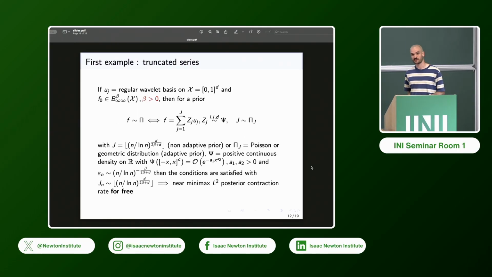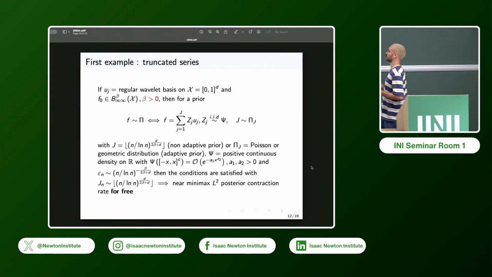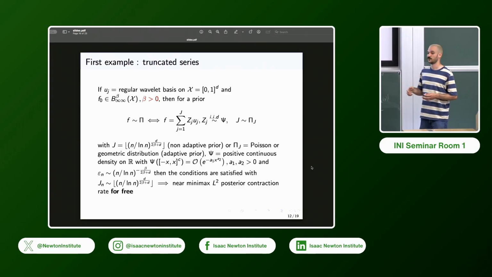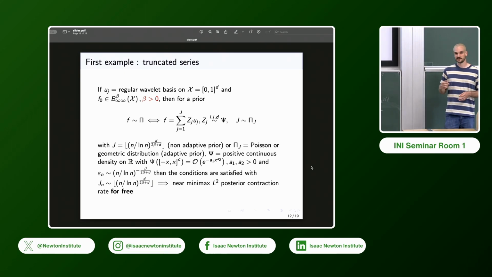What's interesting is that, compared to the other approaches, we are eliminating the constraints on F0. Before, instead of having a contraction rate in L2 valid for all regularity beta, we had a contraction rate in L2 that was valid only for betas larger than d over 2, and here we're going lower than this threshold.